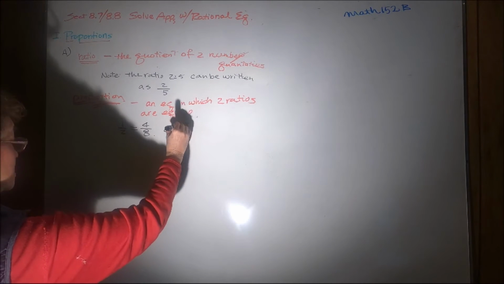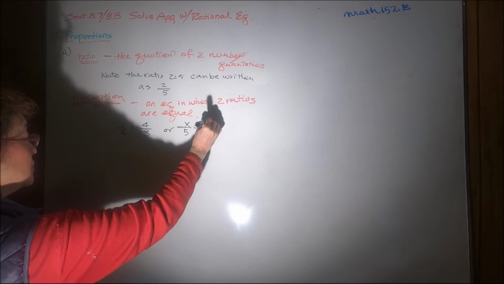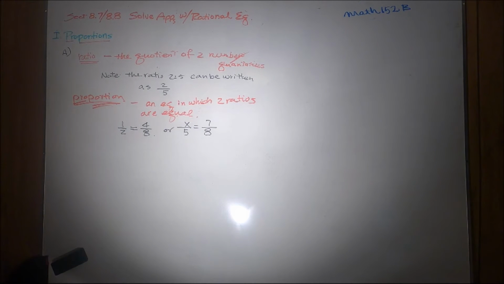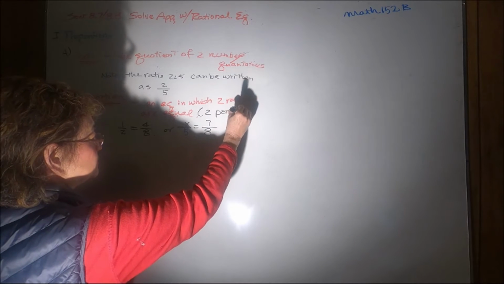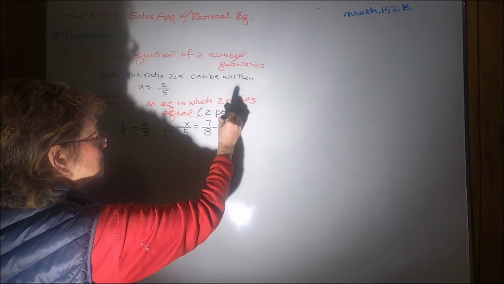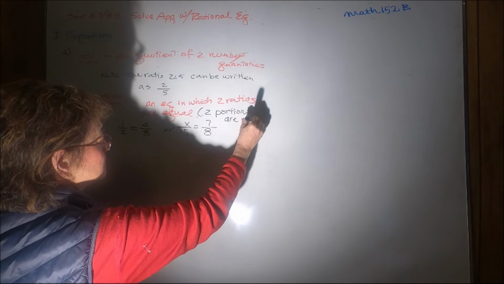Or we can write x over 5 with a variable, and it is the same as 7/8. Okay? Proportion means two portions are the same.